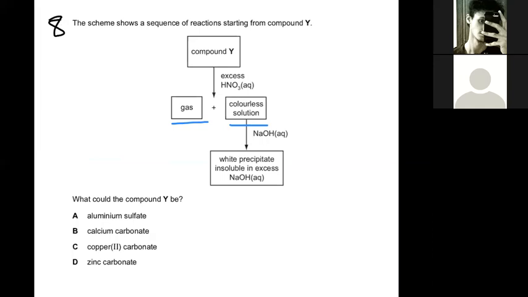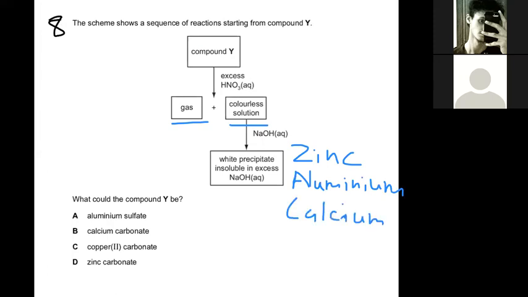White precipitates are formed by zinc and aluminum and calcium. Zinc and aluminum's hydroxides dissolve in excess sodium hydroxide, so these are not the precipitate formed, but calcium's precipitate, which is white, remains insoluble, so the white precipitate formed is calcium hydroxide. So this shows that this colorless solution contains the calcium 2 plus ion.